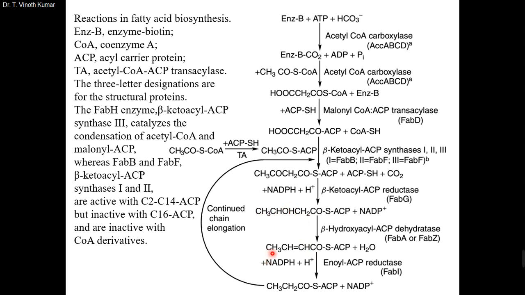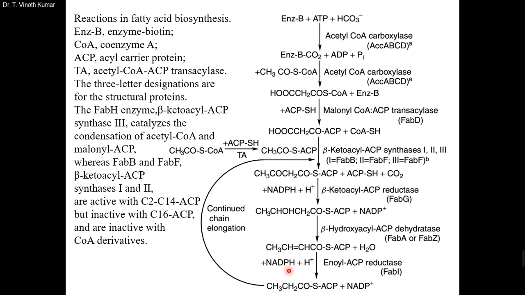That is why it is CH3CH double bond CH, because a single bond would not balance the valency. Carbon has 4 valency, and this carbon has 2 valency and this hydrogen is 1 valency, with another valency shared with another carbon. This one is the product. And next, enoyl ACP reductase: again reduction, the same reduction by NADPH.